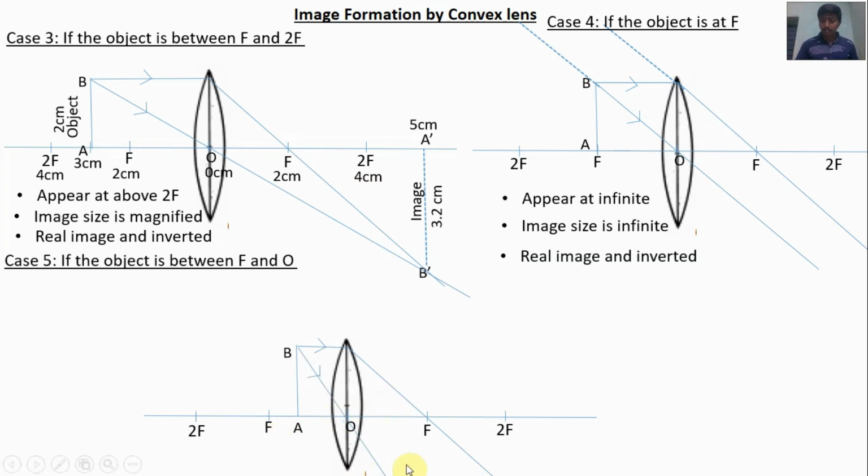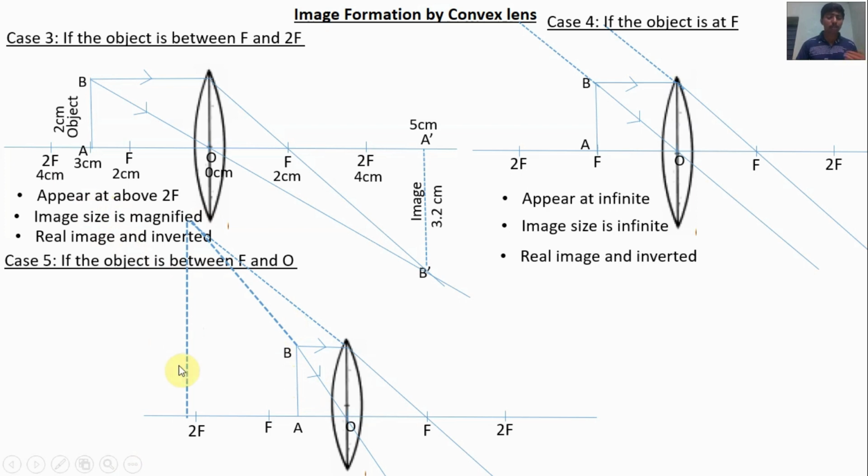Apply rule 1 and rule 2. The rays do not meet on the right side, but the virtual rays meet above 2F. So the virtual image will appear above 2F. The image size will be much higher than the object size.